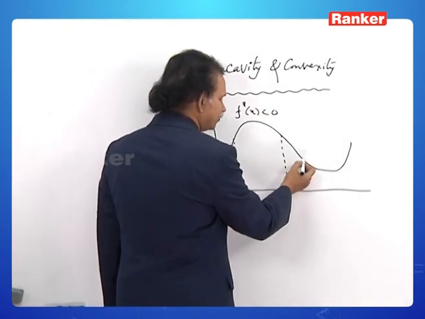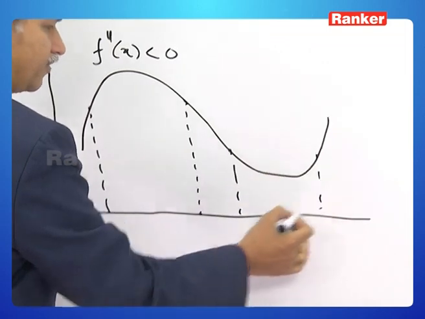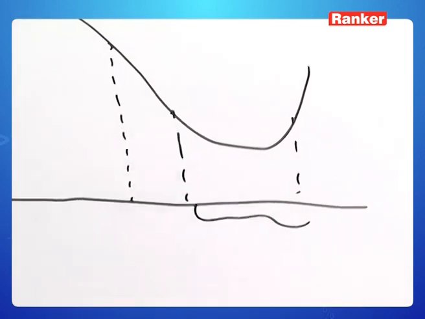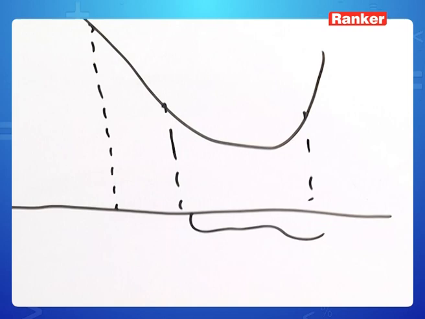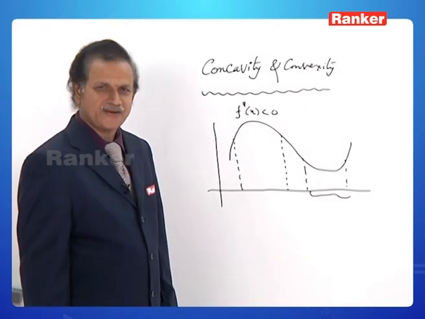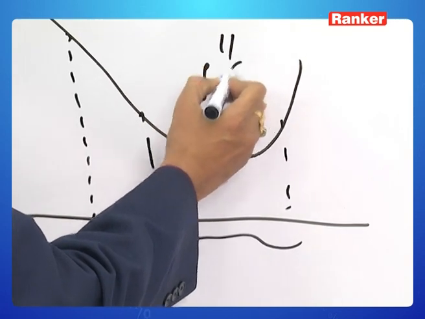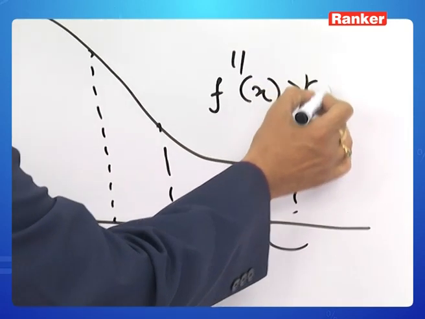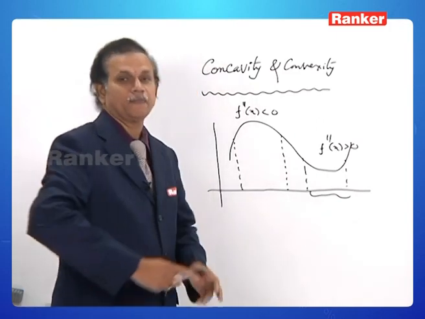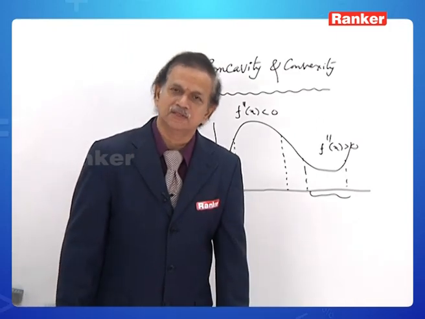And in this interval, the function is concave. How can you decide? You must observe that f double dash x must be greater than 0 in that region.